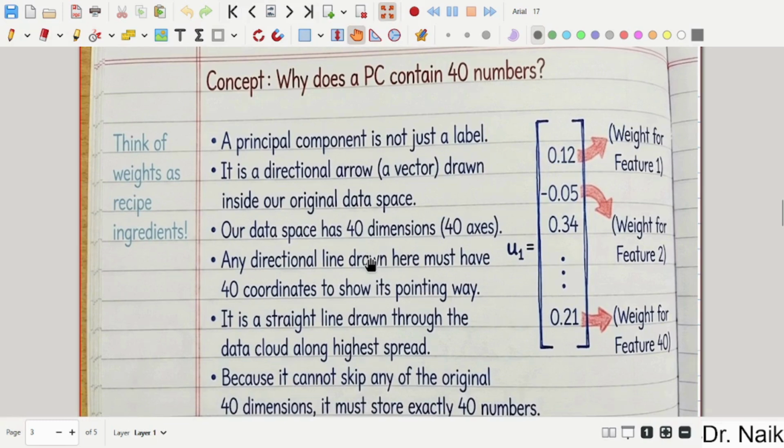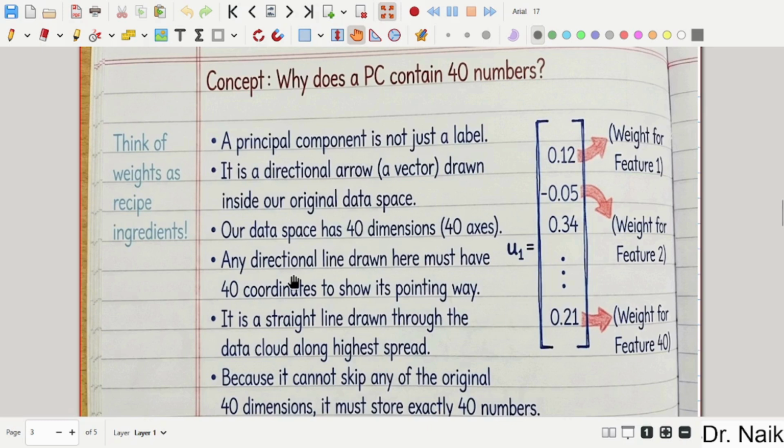Now understand why the principal component contains 40 numbers. A principal component has 40 features. A principal component is not just a label. It is a directional arrow, or a vector, drawn inside our original data space. But our original data space has 40 dimensions.